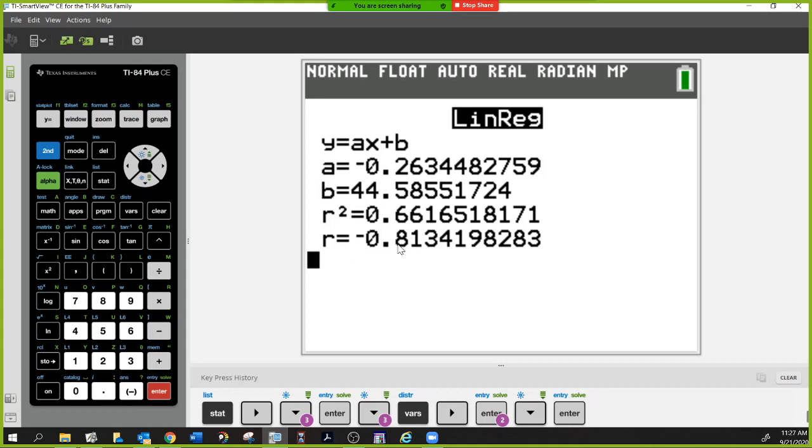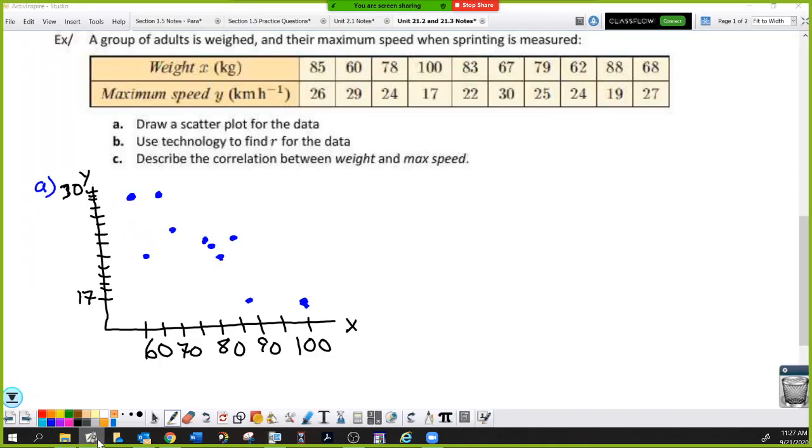Great, so our r value to 3 sig figs is negative 0.813. So then it says to describe the correlation between weight and max speed.